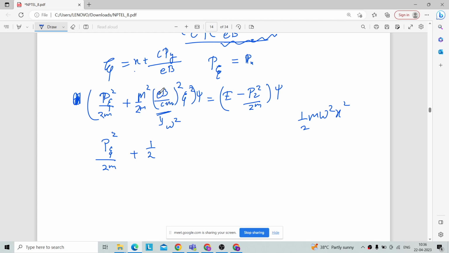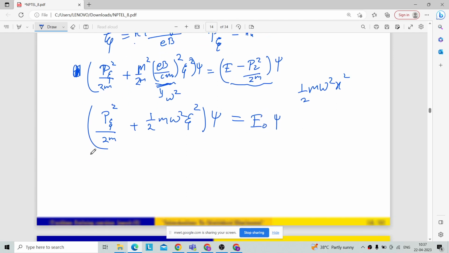So m square will cancel. So it's the same. This term I am taking as omega square. So finally I have half m omega square zeta square, and this is operating on the state psi, and it's giving, let's write this energy as E0.